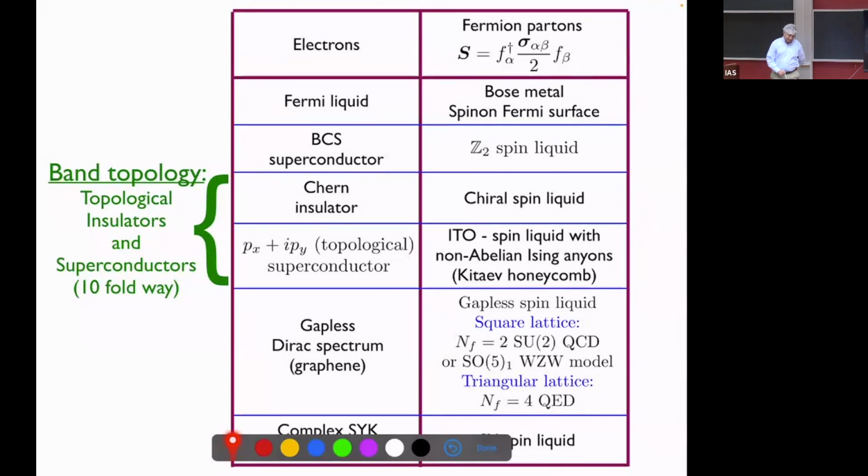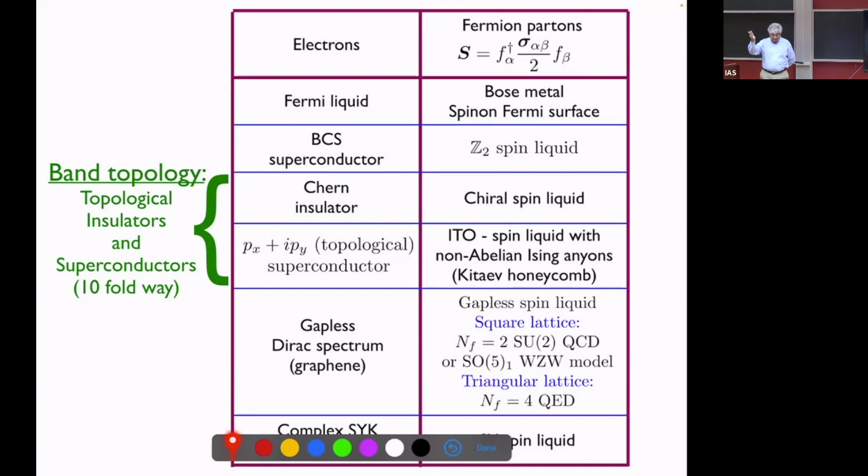So in particular, if I take a p plus ip topological superconductor of the spinons, so I take some spinon theory, pair the spinons, and then choose a band for the Bogoliubov quasiparticles to have a certain topological invariant, then you get a highly non-trivial state, which has many different names. It's the Ising topological order. It's also the non-trivial phase found in the exact solution by Kitaev.